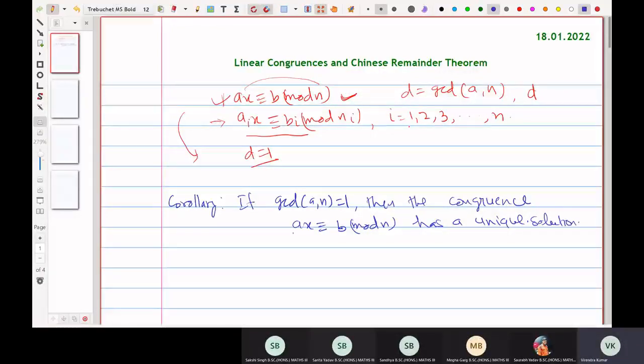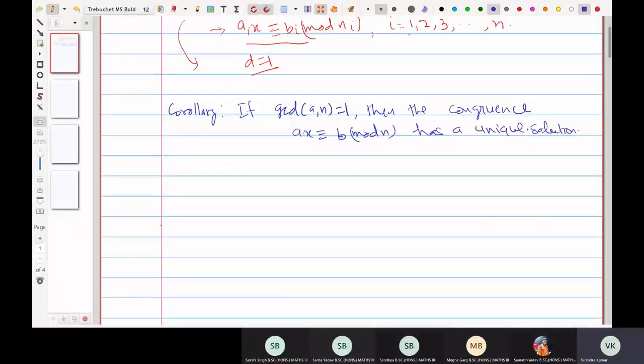And one more thing we can take out from here, the second corollary.